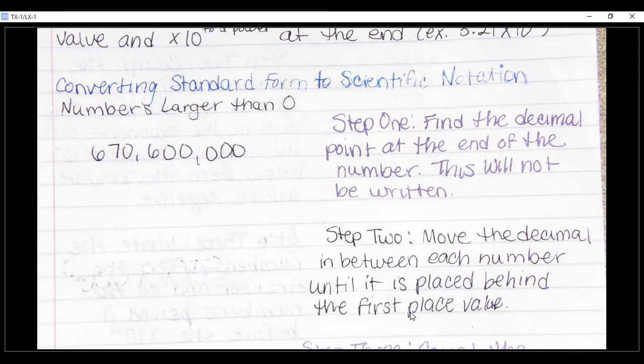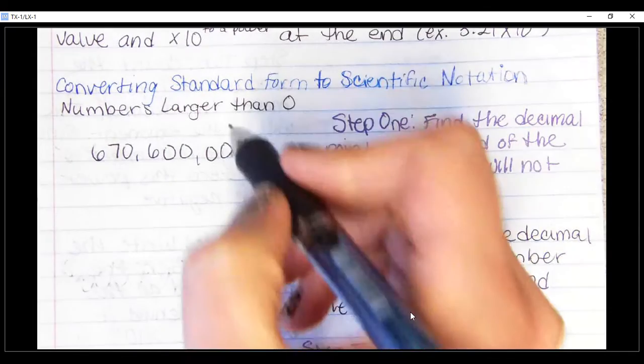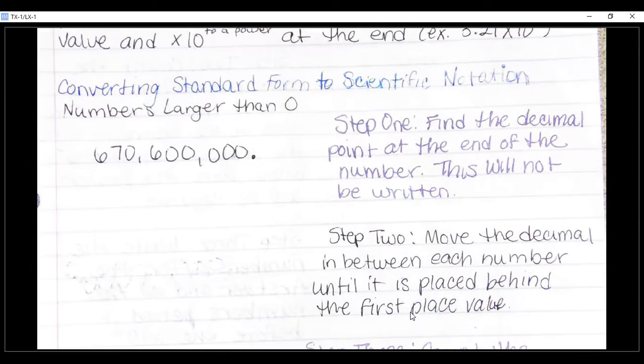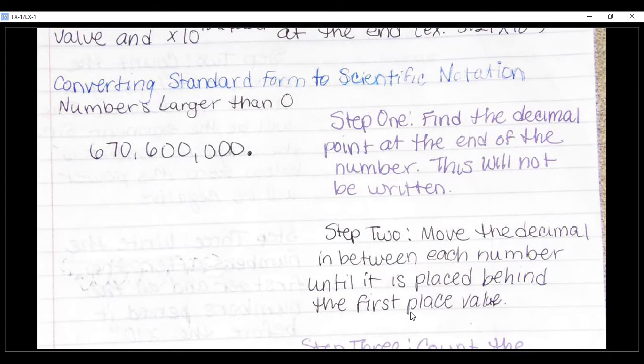Step 1, find the decimal point at the end of the number, and this will not be written. In numbers that are larger than 0, they don't have a decimal point written, but that decimal point will technically always be at the end. If it's not written, it's at the end. Just remember that. Moving on to step 2, move the decimal in between each number until it is placed behind the first place value.